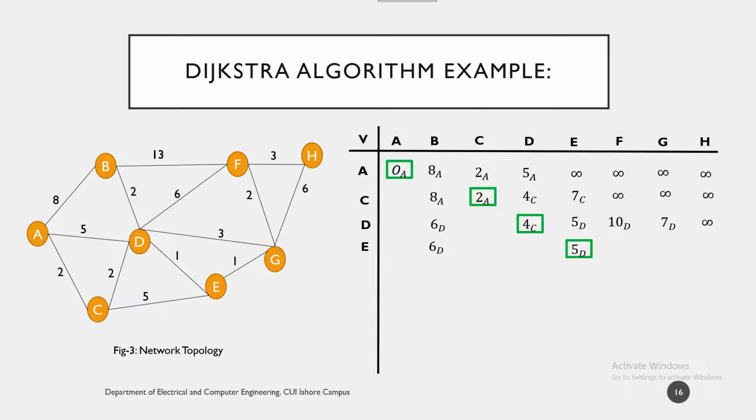Now E is not directly connected with F, so the distance remains the same. E, however, is connected with G with a distance of 1, so 1 plus 5 makes it 6, which is less than previous value 7, so we rewrite it with 6 and a subscript E. E is again not directly connected with H, so this distance remains the same.